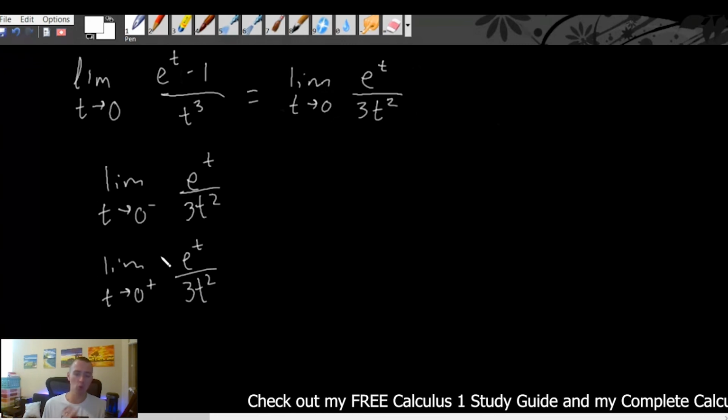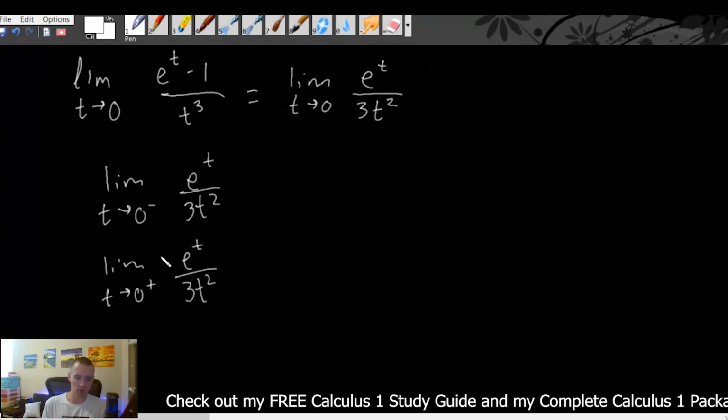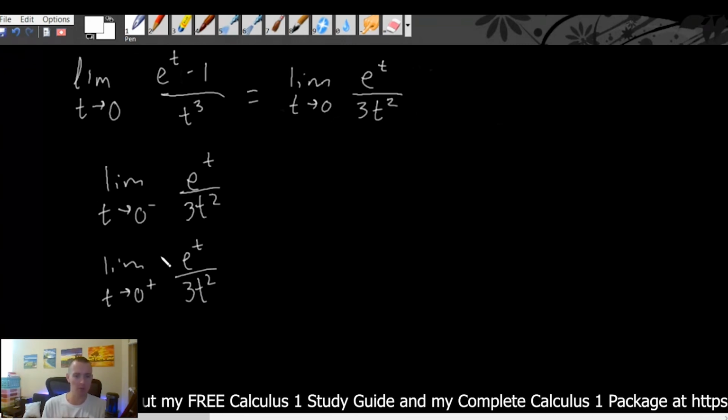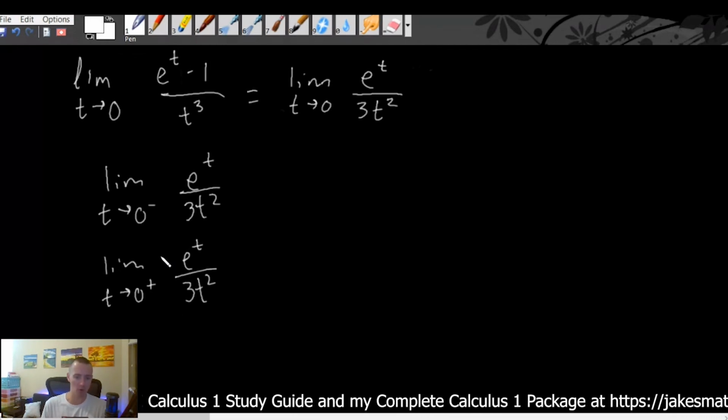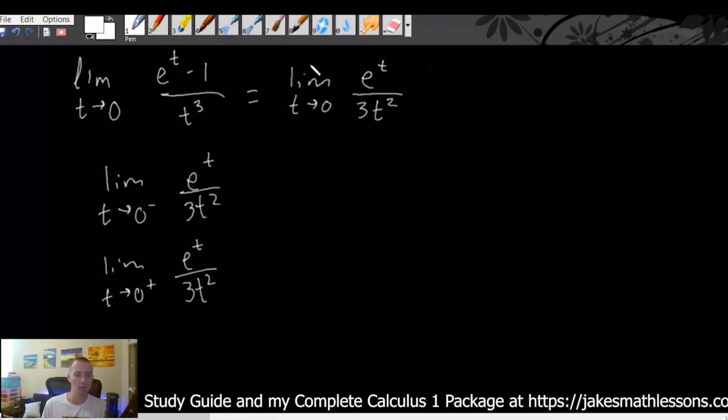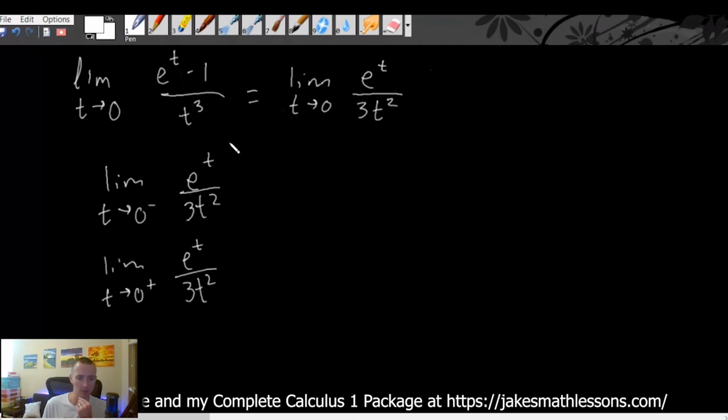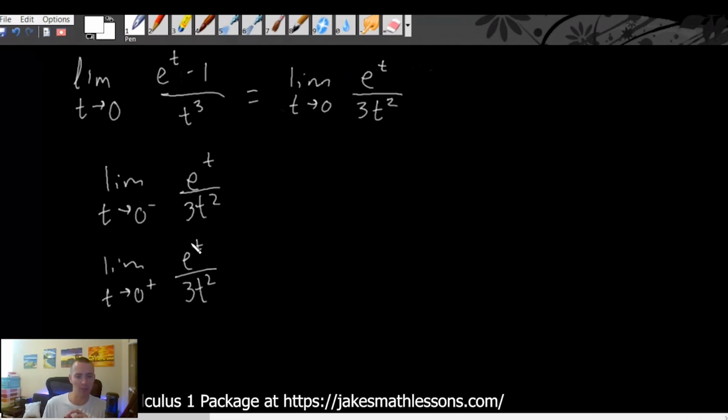If the two one-sided limits are equal, if they both exist and they're both the same, then we know that this two-sided limit would be equal to each of these one-sided limits. If these one-sided limits are different, if they're not equal to each other, or if one of them does not exist, then this two-sided limit is not going to exist. And if this two-sided limit doesn't exist, then that's basically going to mean that the one we started with doesn't exist either.